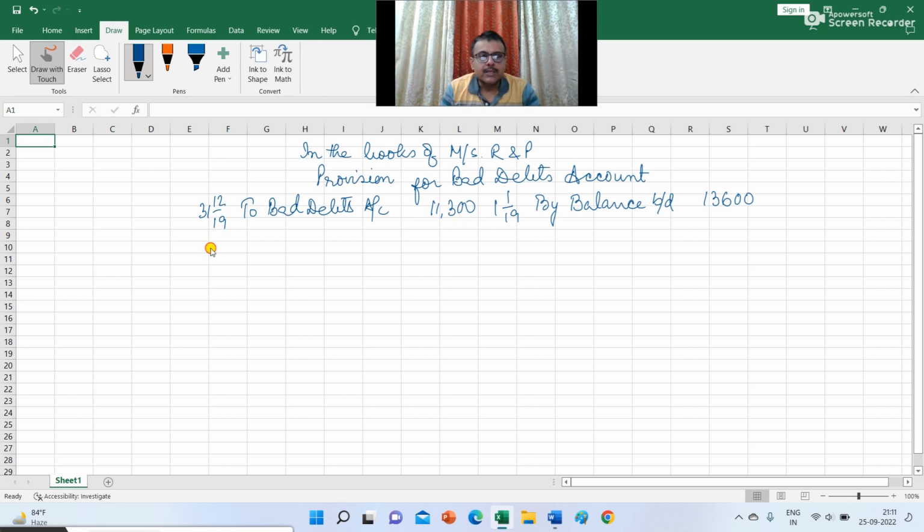Now it is given that on 31st December 2019 the amount of debtors is rupees 2,80,000 and your provision requirement, that is provision for bad debt requirement, is 5% on debtors. So to balance c/d, this is the required amount of provision on debtors.